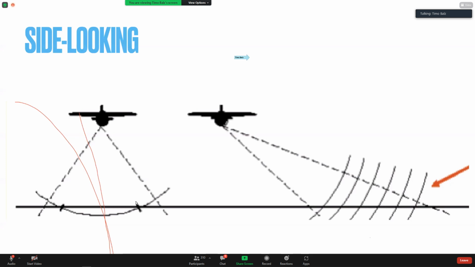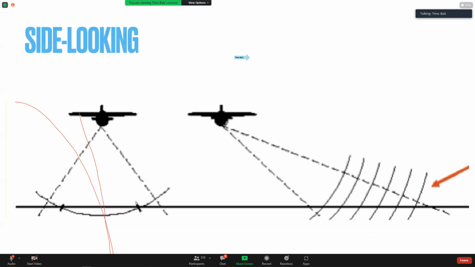You could not separate at the end the left part of your image from the right part of your image. You had no way to separate those. The signal would be returned at the same time. You don't know from which side it's coming. So you would get an ambiguous signal, and that would be basically useless. If you don't know whether it is the left side or the right side of your image, you can't separate them.